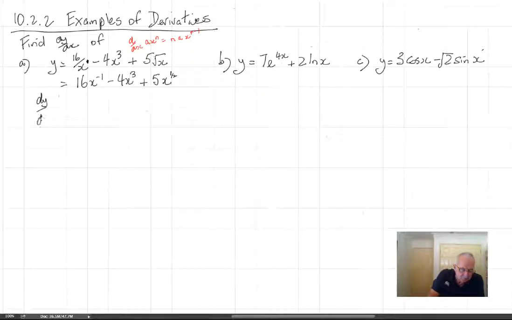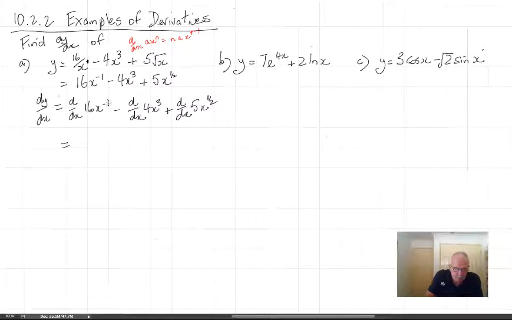It allows us to find dy dx, which is just the derivative with respect to x of each of the individual terms: the derivative of 16x to the negative 1, minus the derivative of 4x cubed, plus the derivative of 5x to the half, equals. Now we bring the power down the front, so it's negative 1 times 16x, and take 1 off the power: negative 1, take 1 is negative 2.